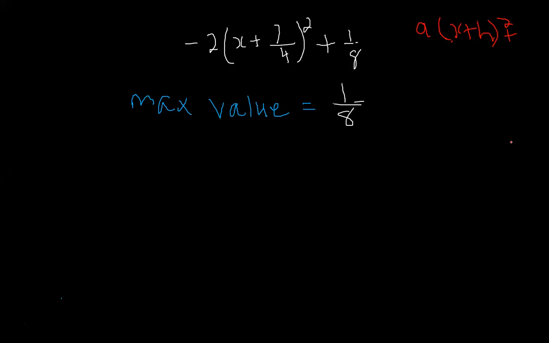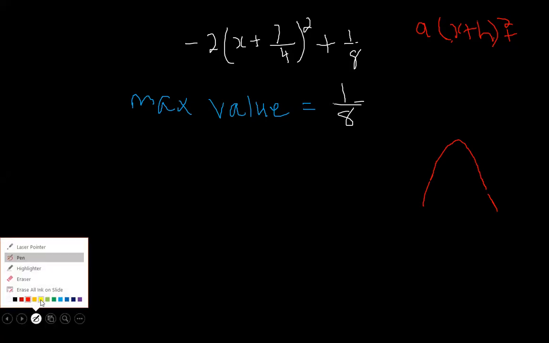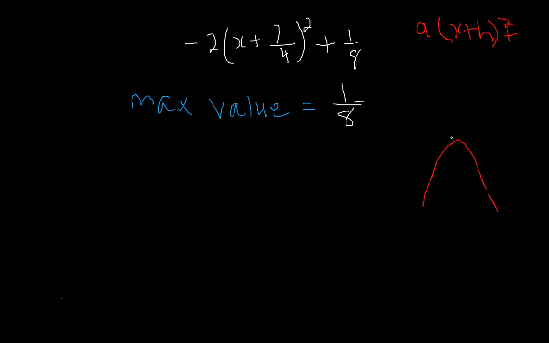Say it was a maximum curve and this is my vertex or maximum point, the highest point. In this case it would be minus 7 over 4 and 1 over 8. When they ask for the x value for which this is a maximum graph, all you have to do is find x. Done.